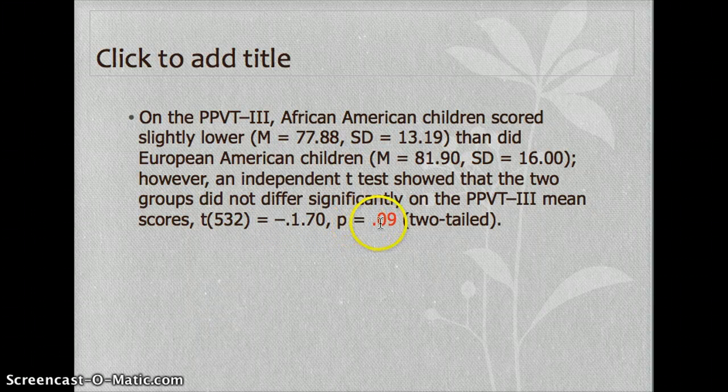So remember the p-value, what do we really want to look for? We want to look for a p-value that's less than 0.05. So this is greater than 0.05. So what are we going to do? Are we going to accept or reject the null hypothesis?